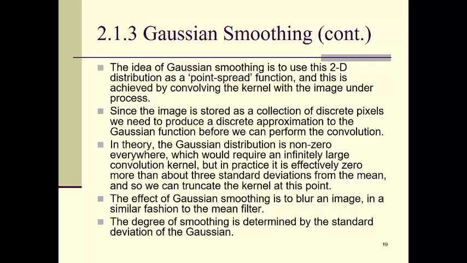And another thing that the standard deviation affects is my smoothing: the degree of smoothing is determined by the standard deviation of the Gaussian. Okay? If I want to compare the average filter with the Gaussian smoothing filter, we can say that the average smoothing filter is a special case of the Gaussian smoothing, right?